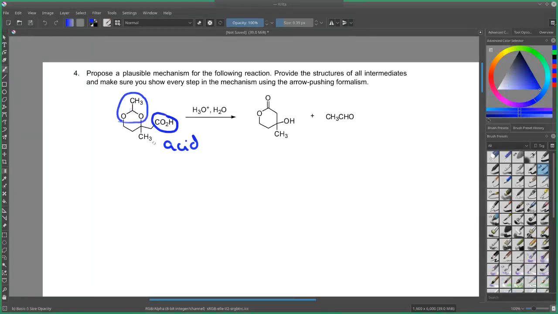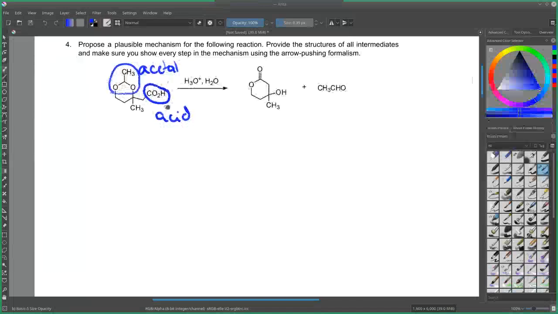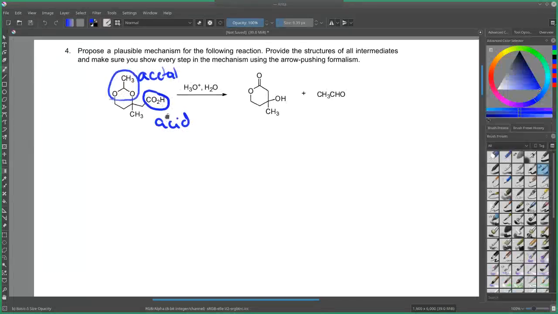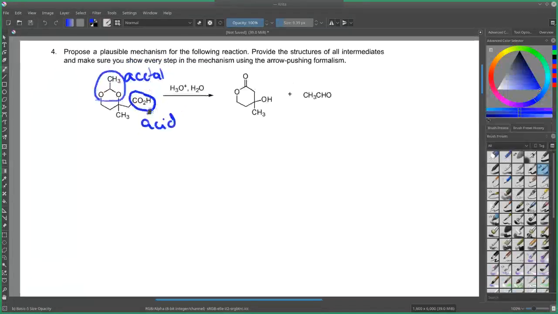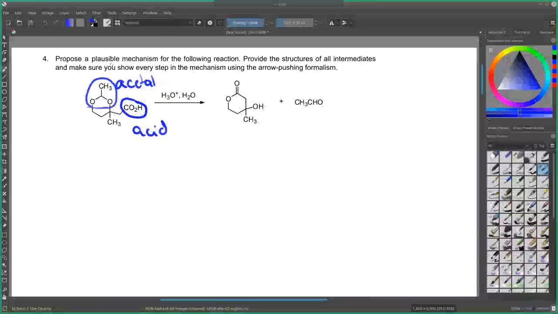Yeah, okay, it's an acetal. Thank you. I was asking because it's been more than a month since I even saw the terms, so your memory might be a bit more fresh than mine. Okay, cool. So we have an acetal, and we're putting in an acid, and that's the one thing that we can do with acetals: put them in acid and break them.